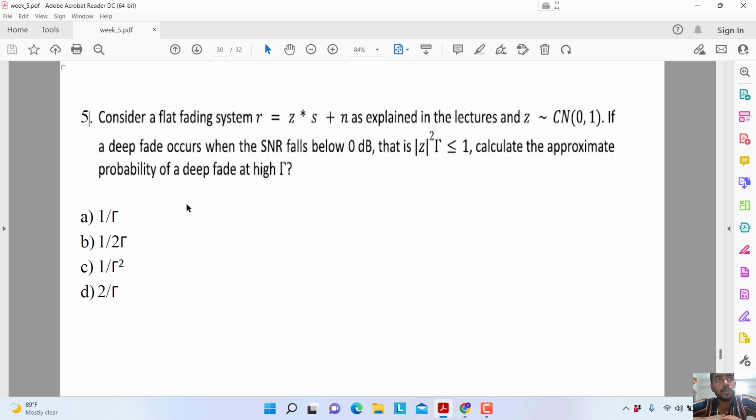We have to calculate the approximate probability of deep fade at a high SNR. R is the received signal, S the transmitted symbol, and N the noise. If anybody got the answer, can comment.